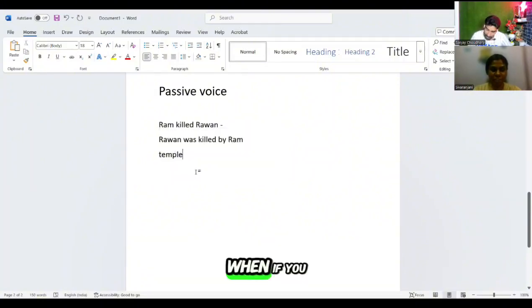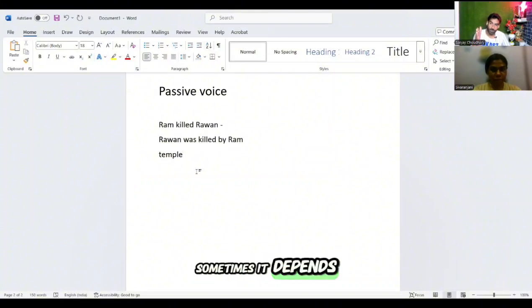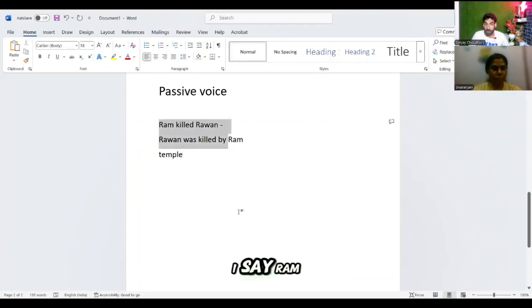Yes. If you are introducing any new word or you're focusing on something, you have to give stress on it. Sometimes it depends on you, on what you're focusing on. For example, if I read these two sentences, I say Ram was killed by Ravan.